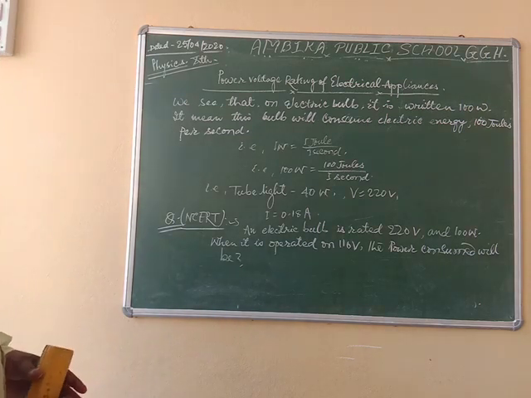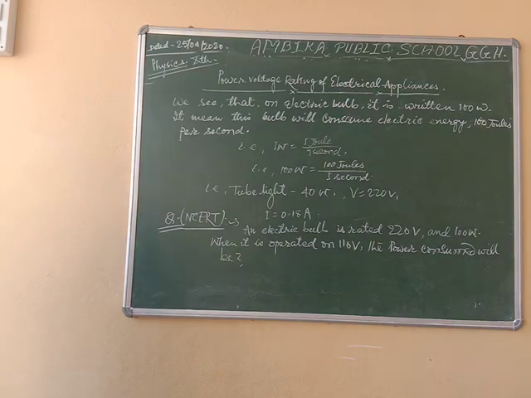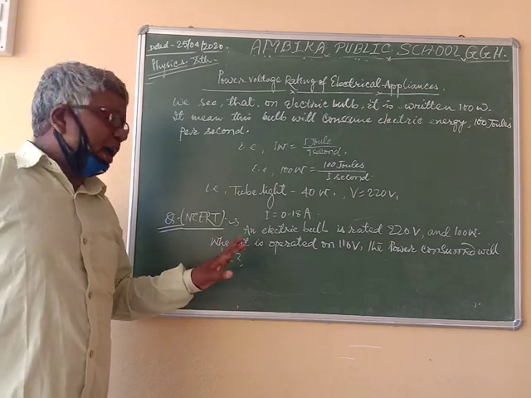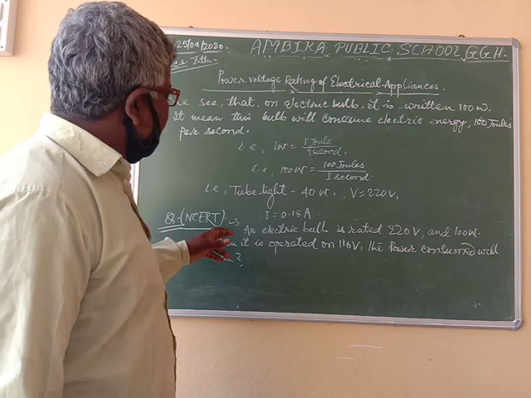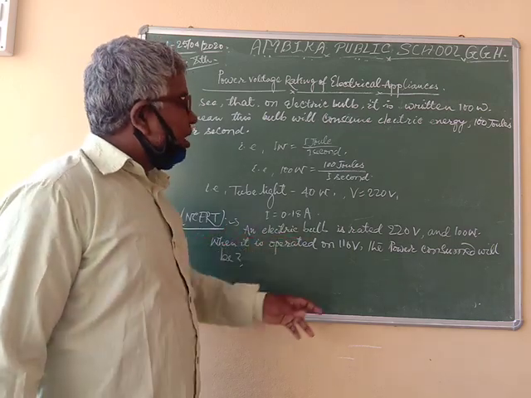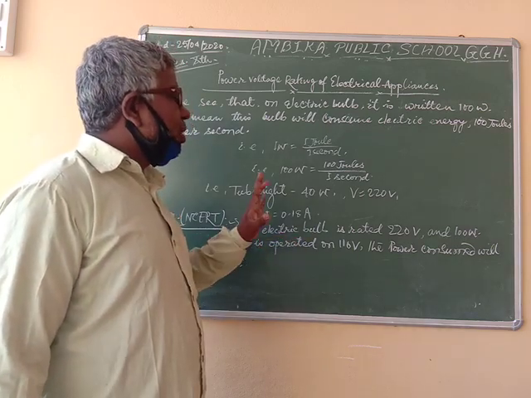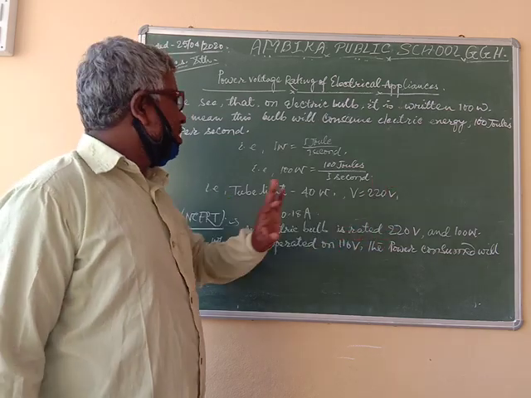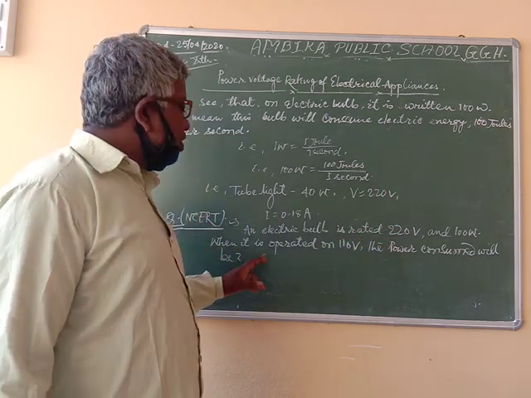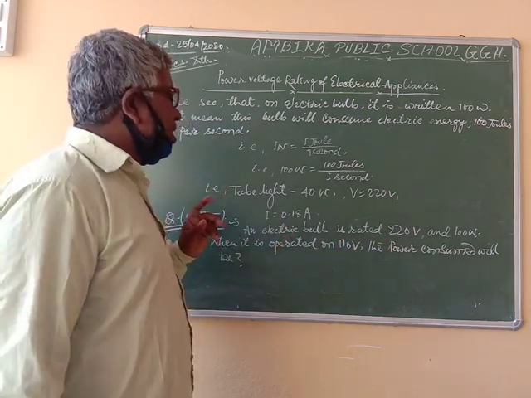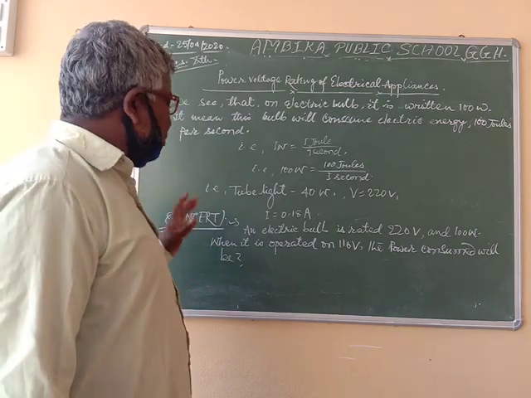Let me repeat this question. An electric bulb is rated 220 volt and 100 watt. When it is operated on 110 volt, the power consumed will be?